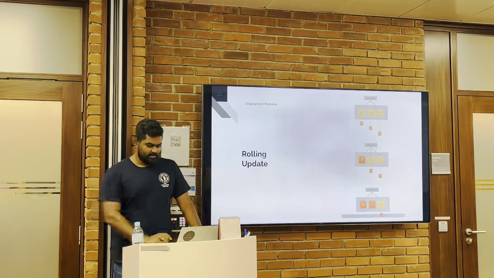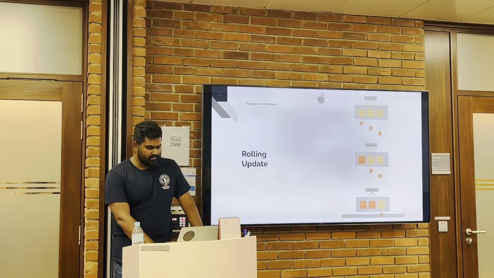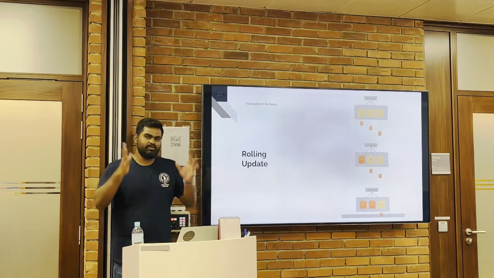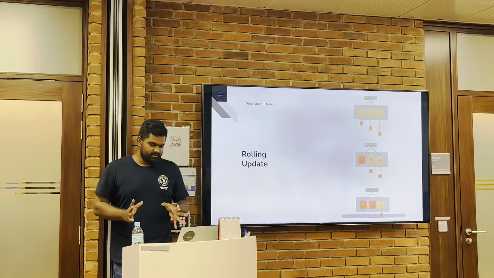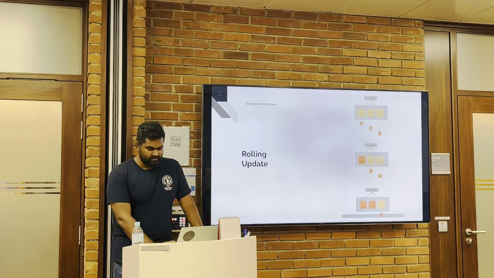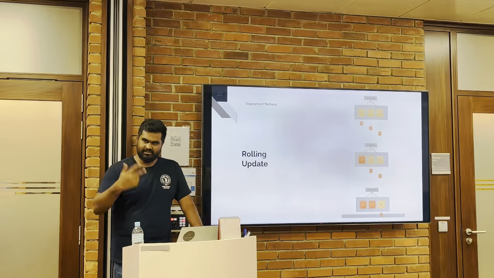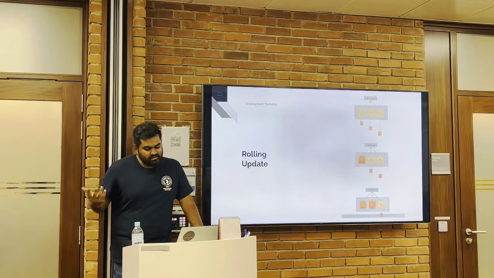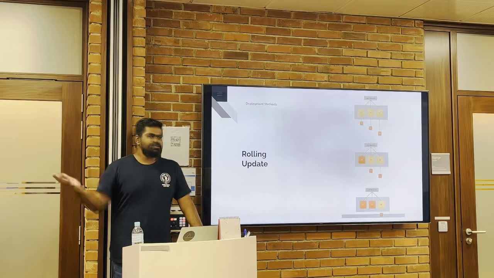So in this scenario, V1 becomes V2, and it is successful. The application is running, your website is running, everything is working. We don't know whether checkout is not working. Then the second one also starts rolling, and the third one also rolls, and all of a sudden we have V2 running, and now checkout is not working, which we have to roll back.